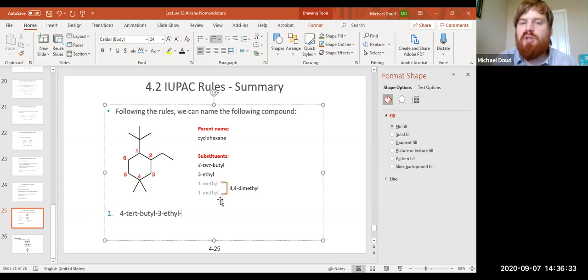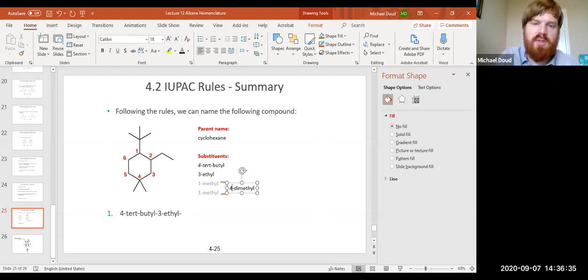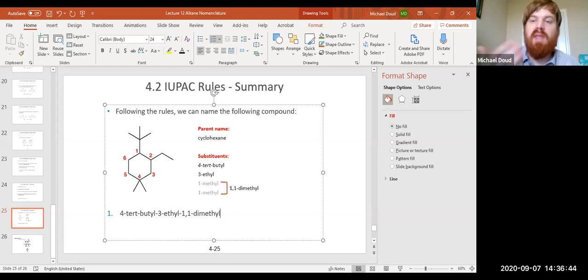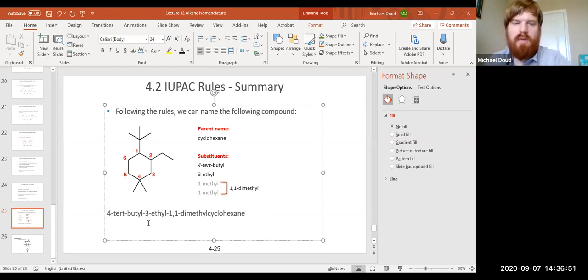And then we have 2 methyl groups. These 2 methyl groups are both on carbon 1. So that becomes 1, 1 dash dimethyl. And then we give it the parent name, cyclohexane. Okay, I believe that's a better name than the one that we had before. So I'm going to leave that there in our slide.